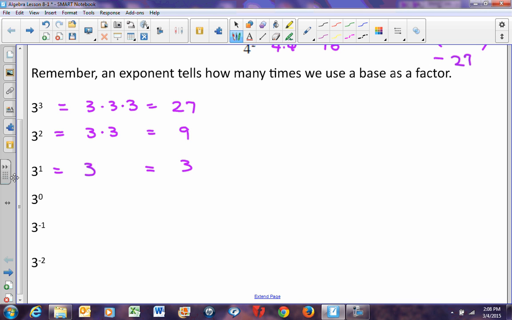Now let's just take a look at these three numbers for a moment. If you look at it, each time, you should notice that you're going down by a factor of 3. In other words, you're dividing by 3, because 27 divided by 3 is 9, and 9 divided by 3 is 3. So if that pattern continues, if I divide by 3, and then I divide by 3, and then I divide by 3 again, 3 divided by 3 is 1.